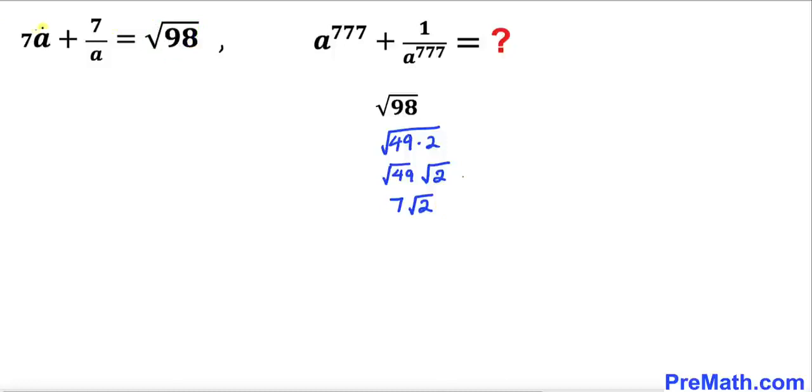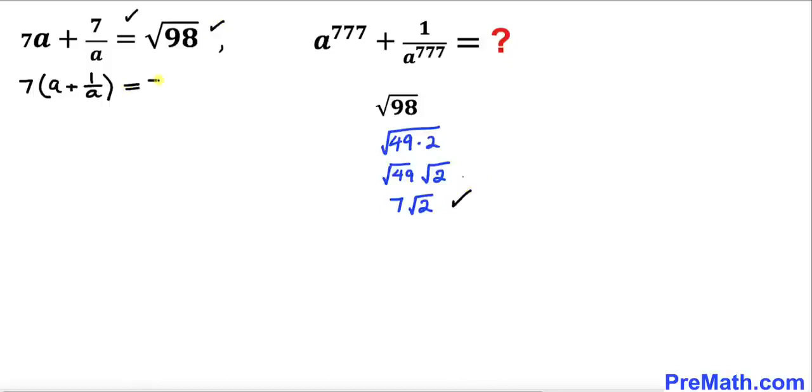Now let's focus on the left hand side of this equation. We can see that 7 is in common, so let me go ahead and factor out 7. We end up with a plus 1 divided by a inside the parentheses equals, and I'm going to replace the square root of 98 by 7 times the square root of 2.